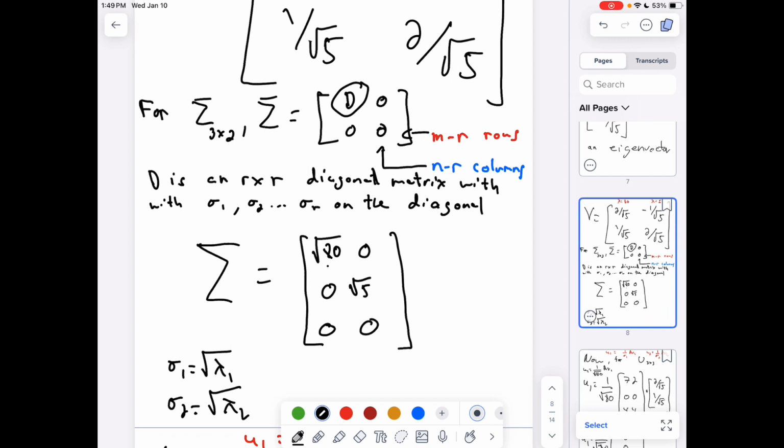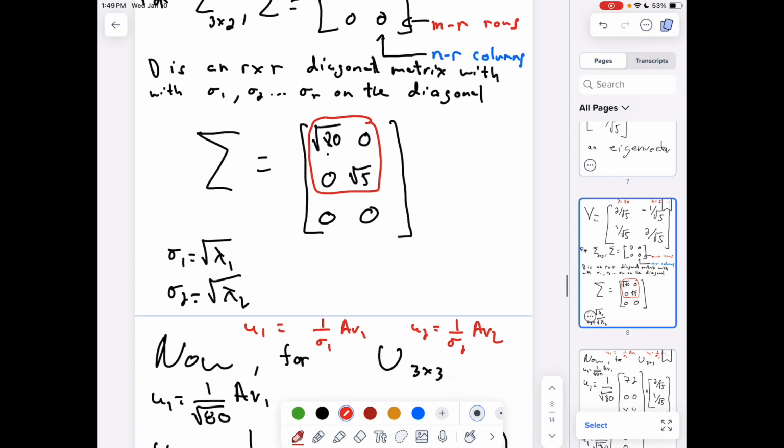Those words were the m minus r rows and the n minus r columns. So the D there just stands for this part that I wrote over here. And the m minus r rows and n minus r columns stand for the number of rows and columns of 0 that you need to make that matrix sigma the same size as A. Okay, so we got that for sigma.